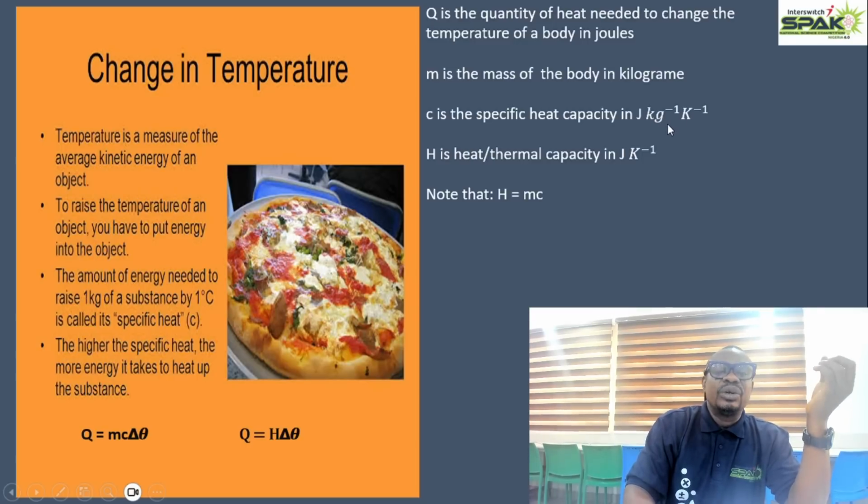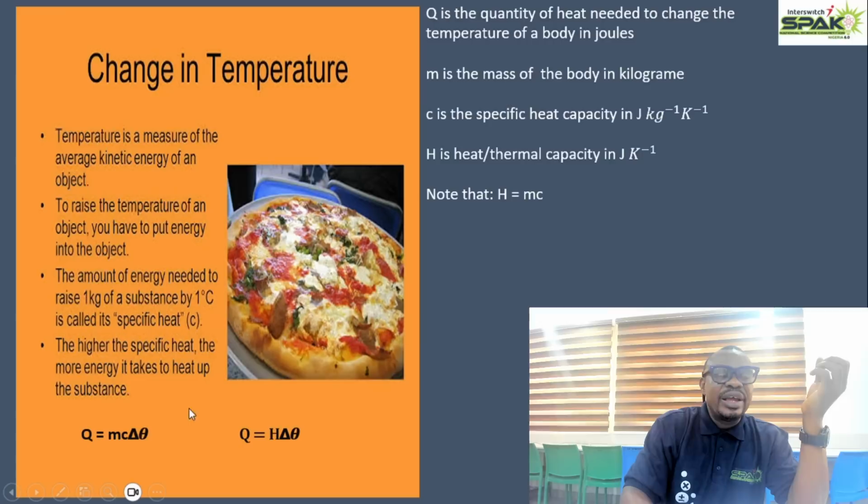That is specific heat capacity. Then take note that your heat capacity, which is the amount of heat needed to change the temperature of a body by 1 Kelvin, is also given as mass times specific heat capacity. That's MC. So in the formula Q is equal to MC change in temperature, this MC is equal to your heat capacity or your thermal capacity.